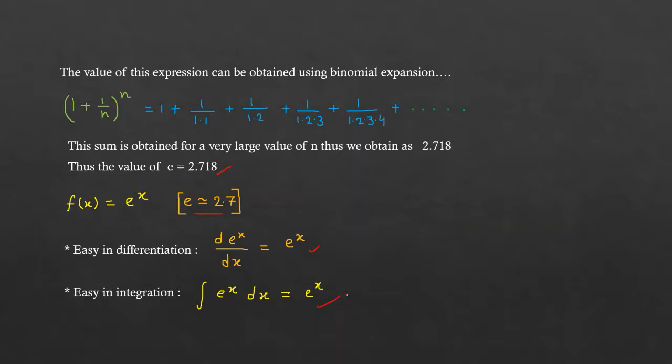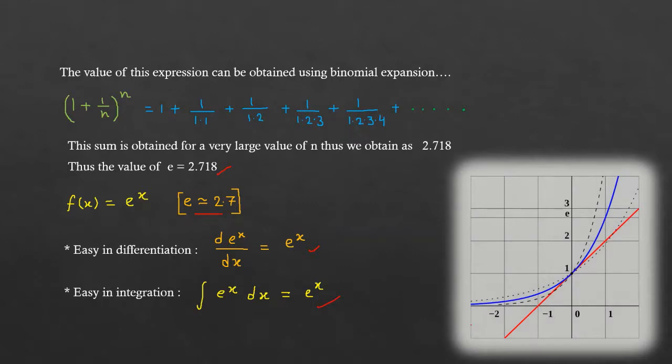I will mention one more thing: if we try to plot the exponential function with different bases, like this one is plotted for base equals 2, this one is plotted for base equals 4, and the blue solid line is plotted for base e, you will find that all the functions meet at the point (0, 1), that is, when the value of x is 0, the power or the exponent is 0, the value stands as 1.